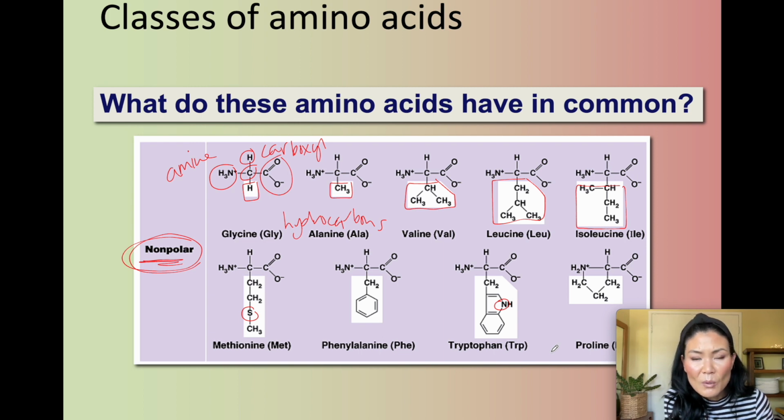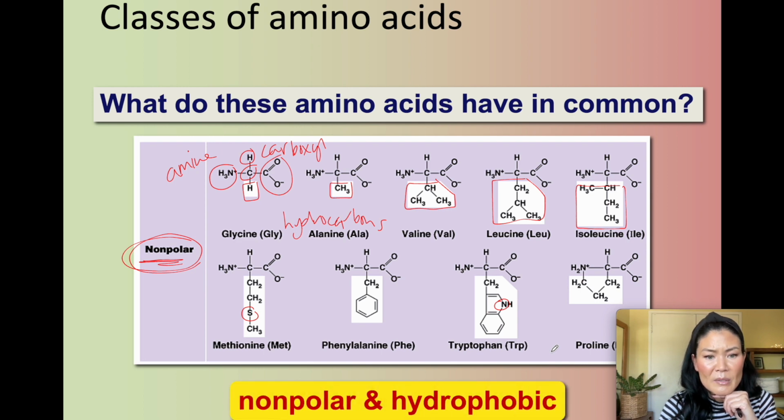If they're nonpolar, in the phospholipid bilayer, you're going to have proteins that are made up of nonpolar amino acids. These guys are going to be the ones that are found in the middle of the phospholipid bilayer interacting with the tails, okay? And I'll point that out when I show you a picture of a protein embedded in the phospholipid bilayer. So these guys are going to be the nonpolar or hydrophobic amino acids.